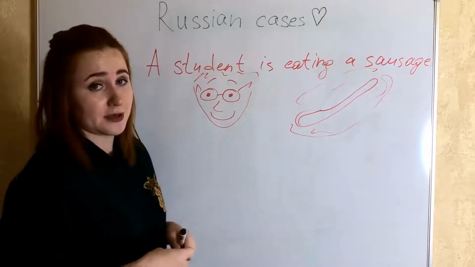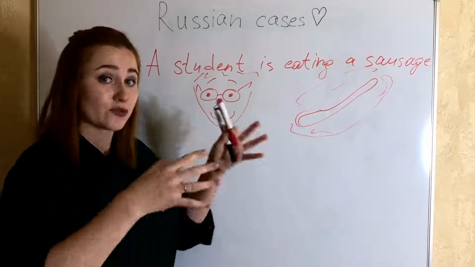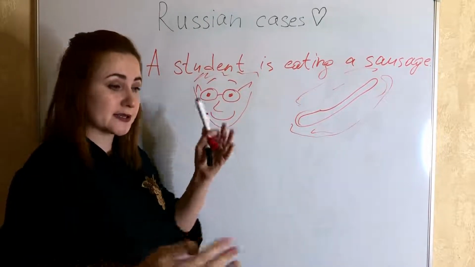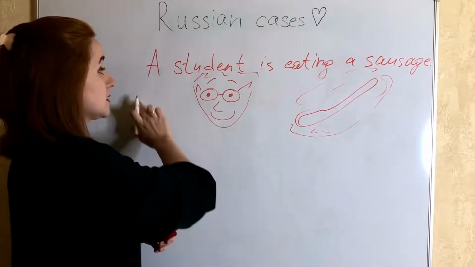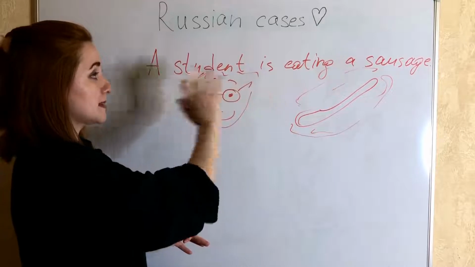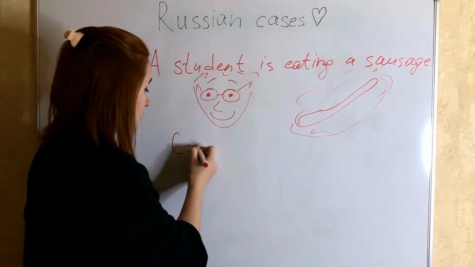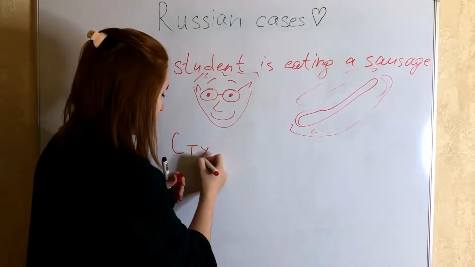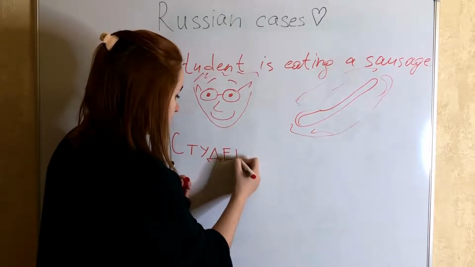Okay, in Russian, as you already know, it's not that obvious. In Russian, the word order can be very flexible and we can switch the words. So the same sentence, let's imagine that we write it all in the original form, like in a dictionary, without any cases.